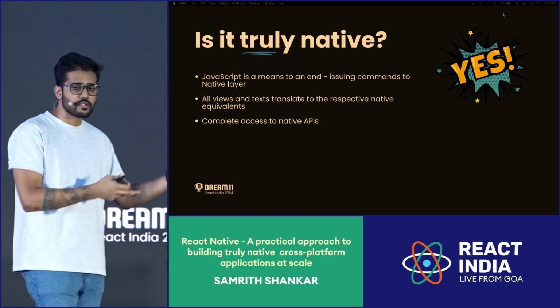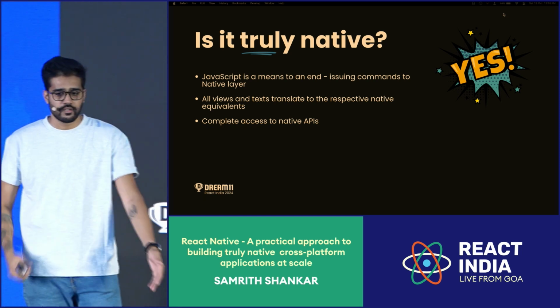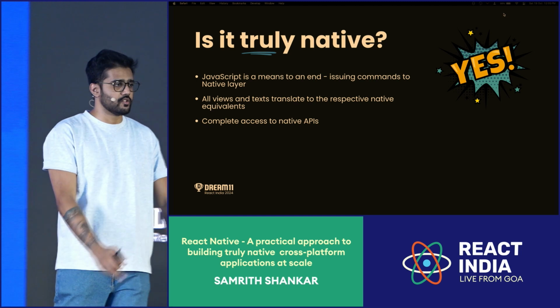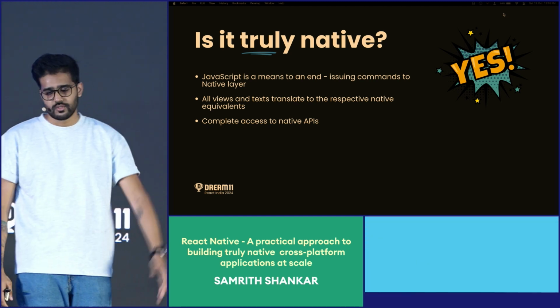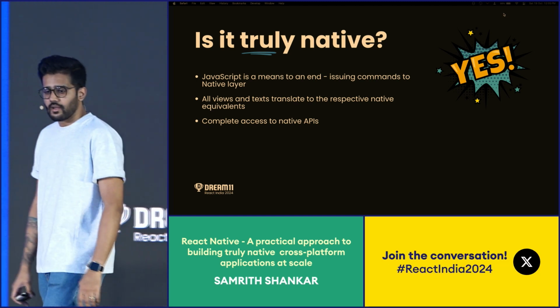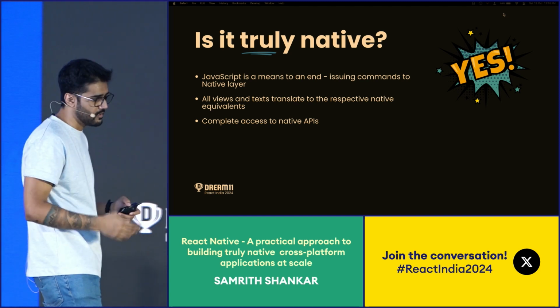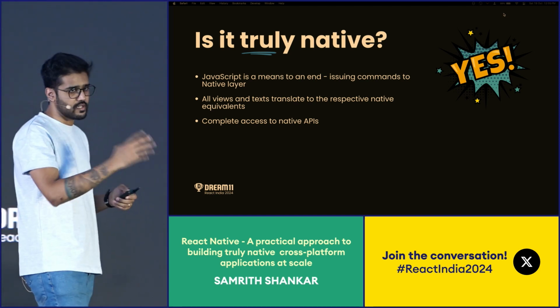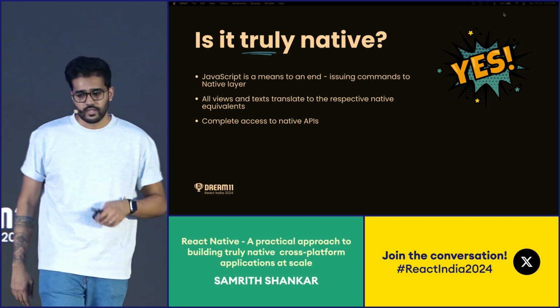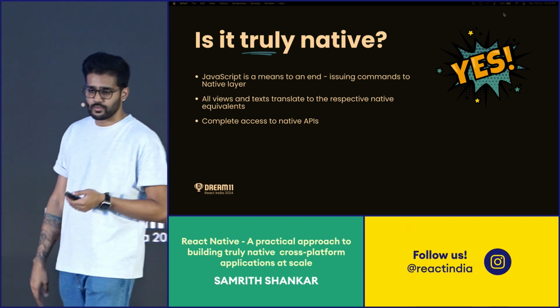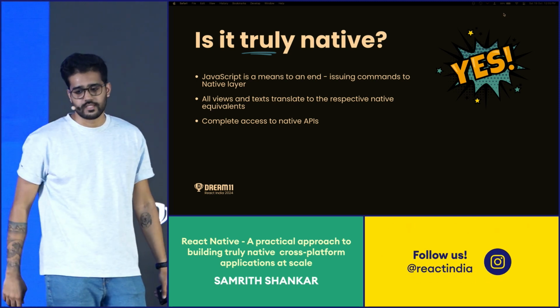These are commands that are issued to the native layer, which draws those views for you. The UI rendered on the screen is still native. For example, on Android, it uses View and Text, and on iOS, it uses UIView, UIText, and whatever the native components are.